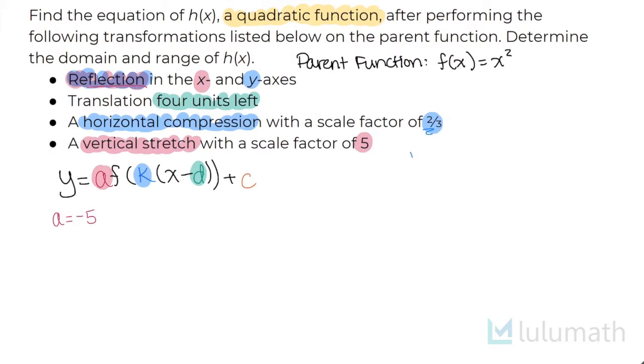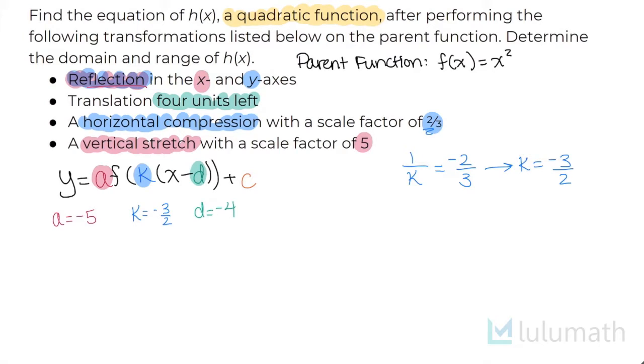Don't forget that our scale factor is 1/k. So 1/k is equal to -2/3. We just do the reciprocal, telling us that k equals -3/2. We can just swap the 2 and the 3. Now we are told that we have a translation 4 units to the left, and that's going to affect our d value. So d is equal to -4.